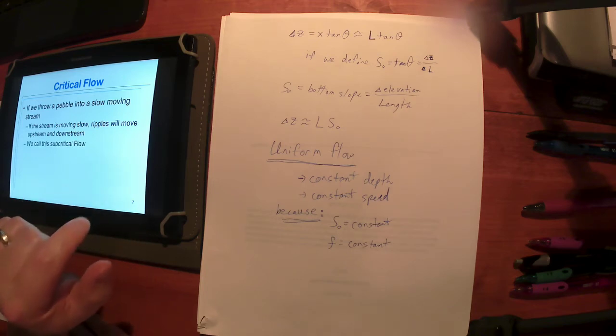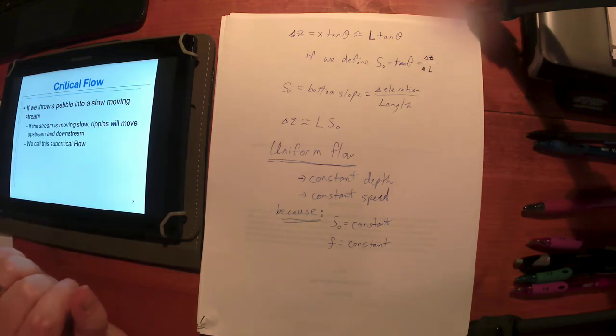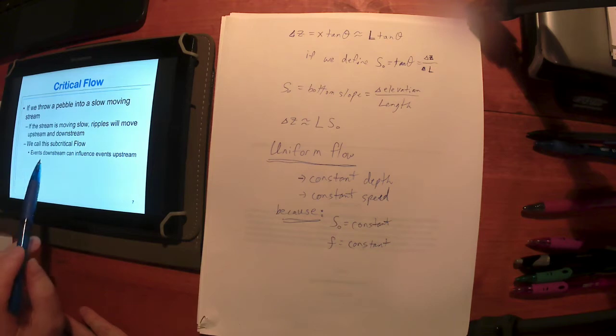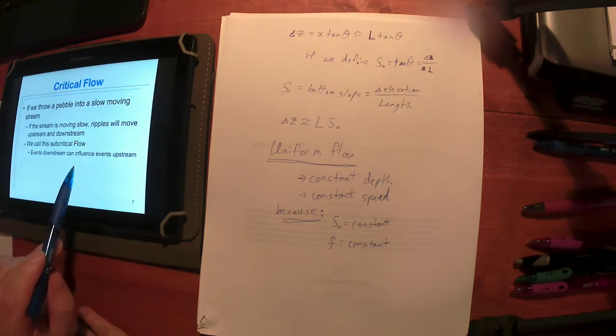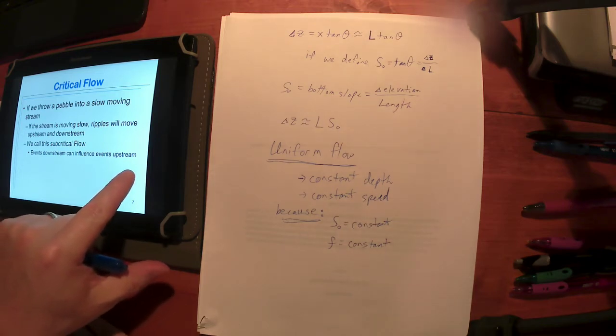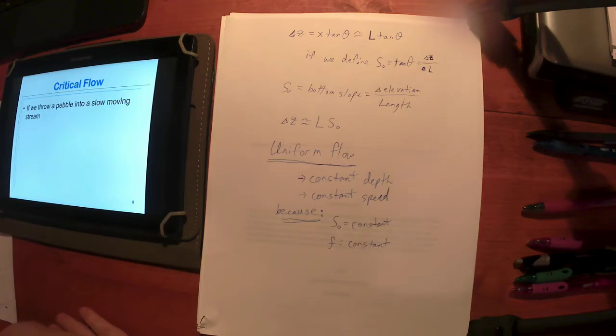They're going to move against the flow. We call this subcritical flow. The average speed of the water is not so fast that it will actually sweep the ripples downstream. So what that means is that we can have events occurring downstream that will actually influence the events upstream. And this is a very important concept. It's not going to be critical for us until we get into chapter 13, but it's worth mentioning here.